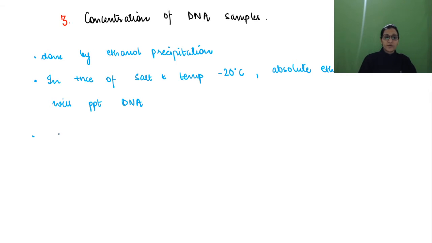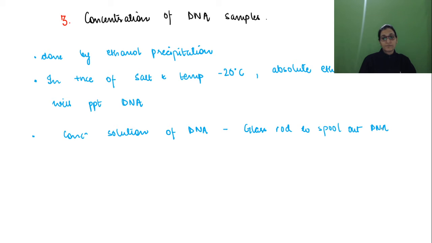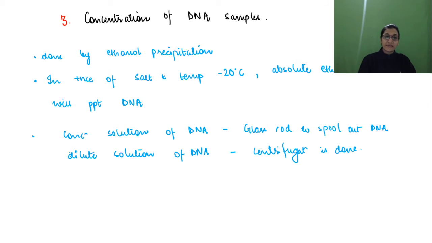So we'll just write over here: concentrated solution of DNA, glass rod is used to spool out DNA, and in dilute solution of DNA, centrifugation is done and then the DNA is collected. So this is how the concentration of DNA sample is done.